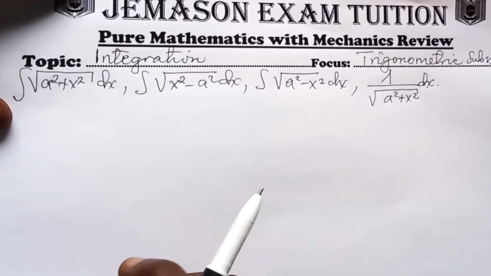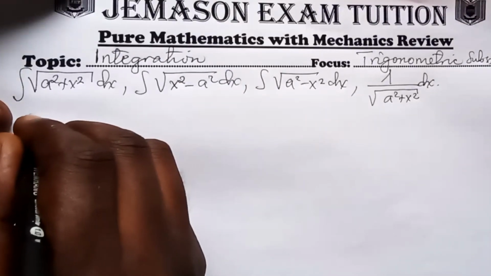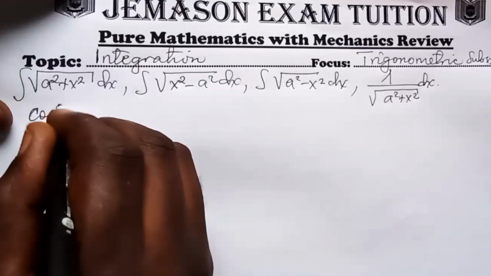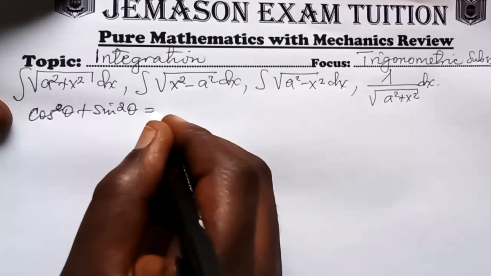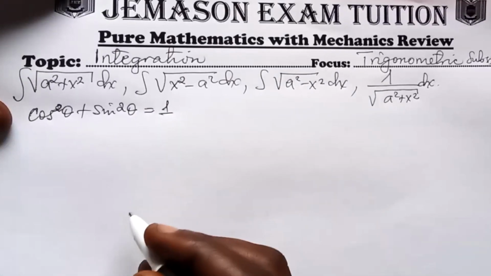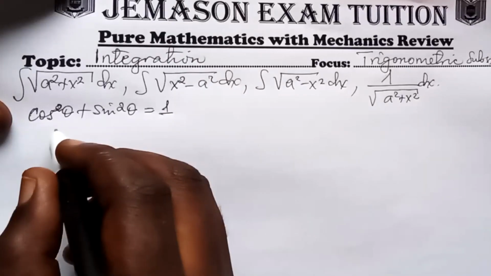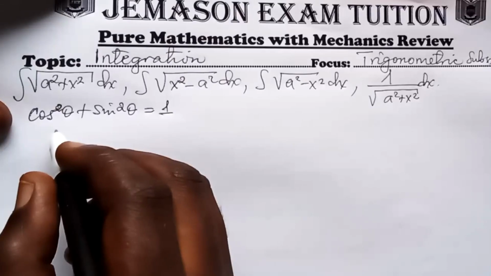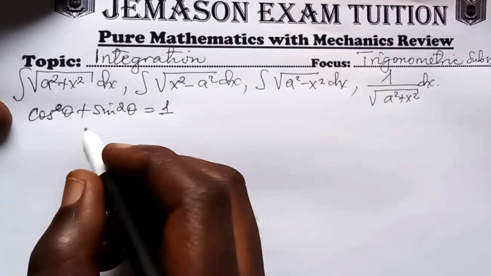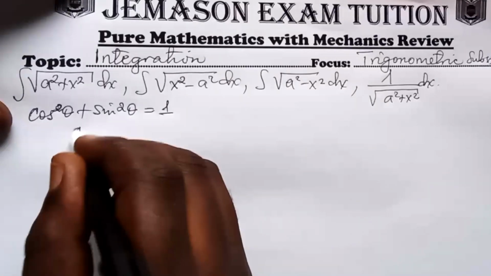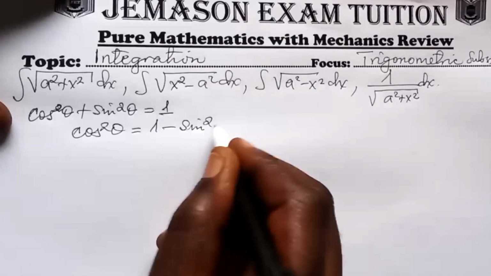At the backbone of these substitutions, we have Pythagorean identities. The first one is cos squared theta plus sine squared theta equals 1, and then its derivatives. But the first useful formula that I would have to use whenever I come across an integration that needs a trigonometric substitution is cos squared theta equals 1 minus sine squared theta.